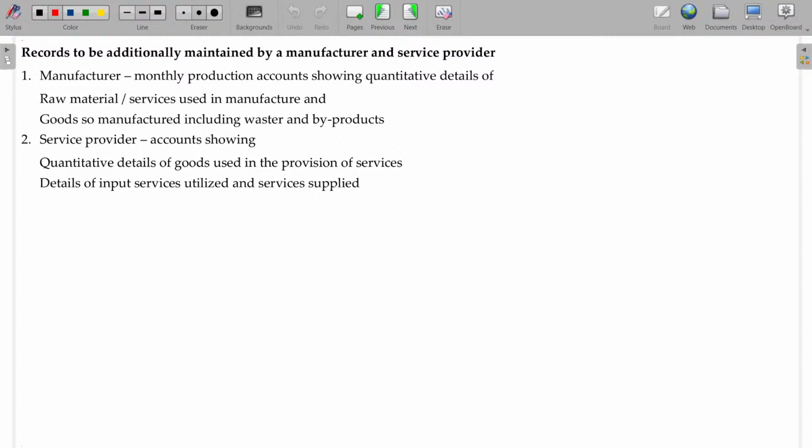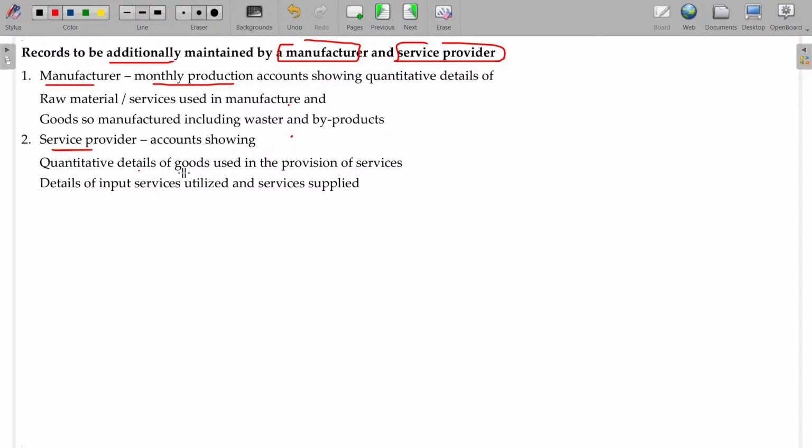Now, some additional persons may also be notified by the commissioner. Records to be maintained additionally by a manufacturer and service provider. What are the additional documents required? In case of a manufacturer, monthly production accounts showing quantity details, raw material consumed, and whatever it may be, all these things he has to maintain. In case of a service provider, of course, production details are not available, right?